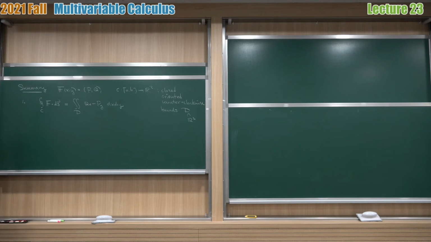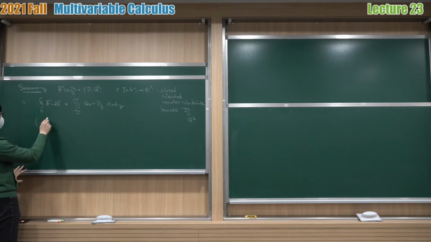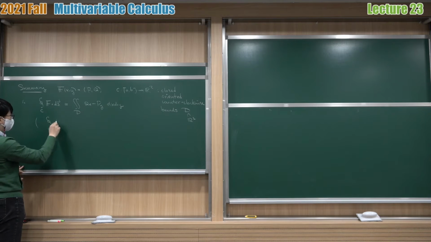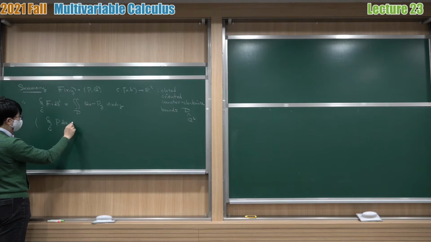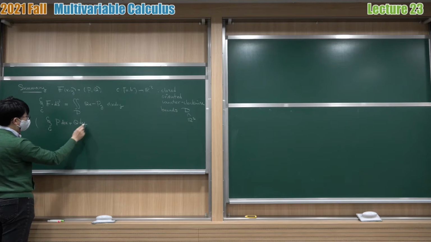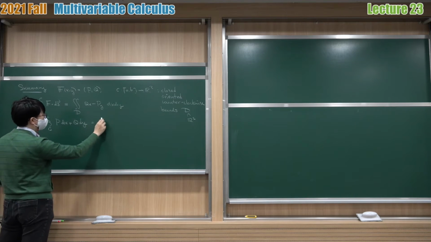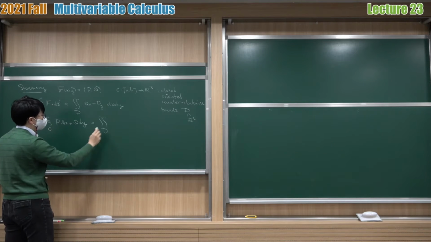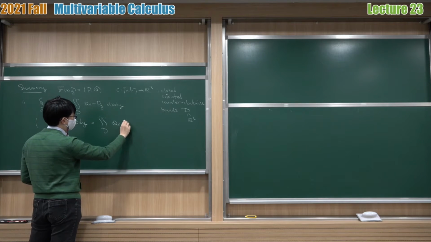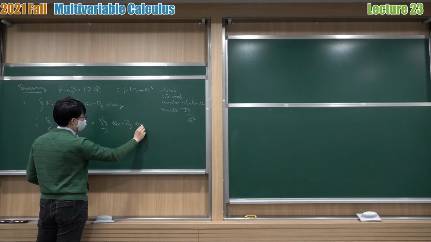So to be concise about the notation, I can say that this is equal to the line integral of the vector field, written in this form, is equal to the surface integral or double integral of a scalar function.